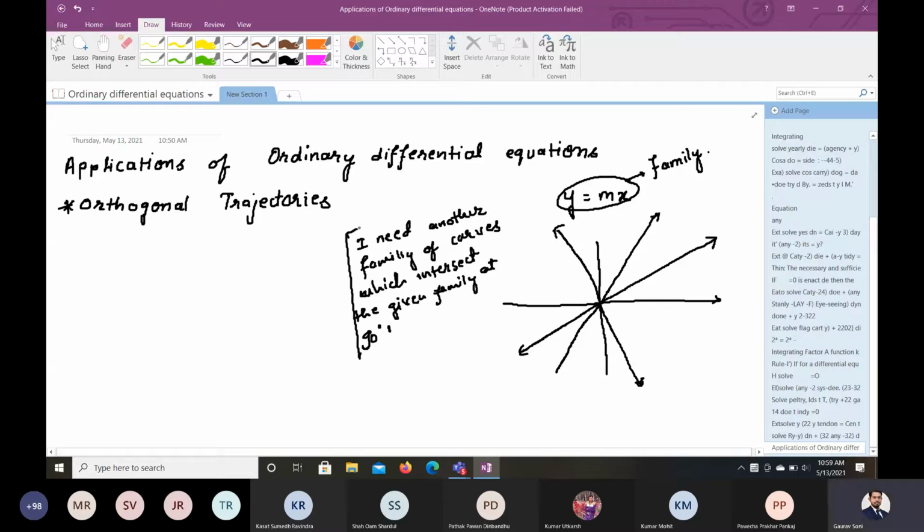So what I am trying to think is I am trying to find out another family of curves which is going to intersect each and every member of this family y is equal to mx at 90 degrees.